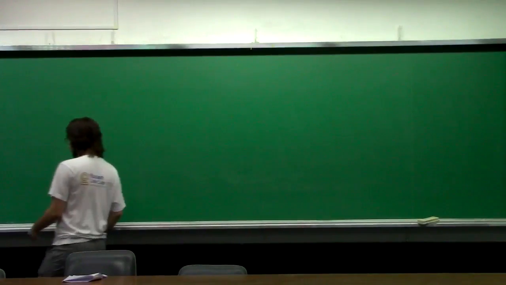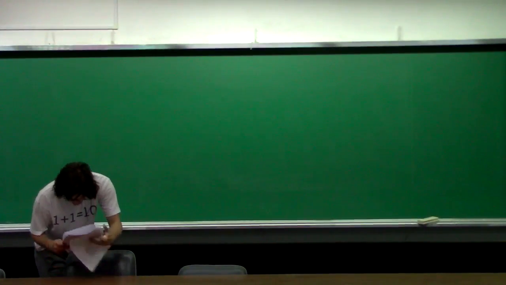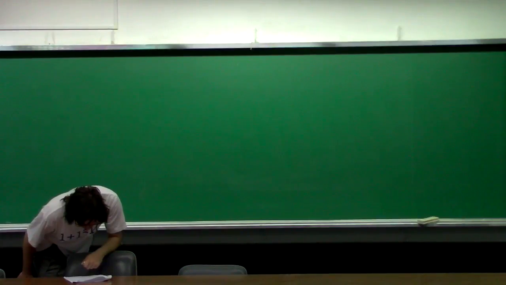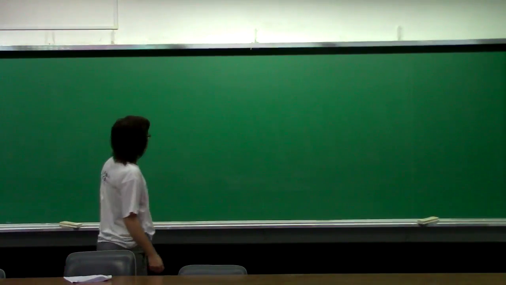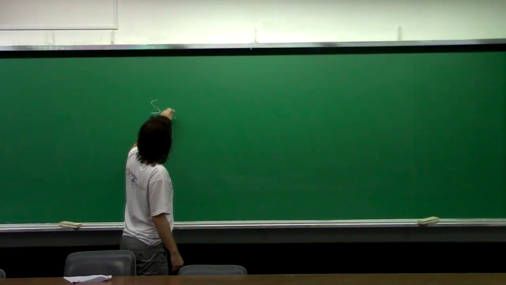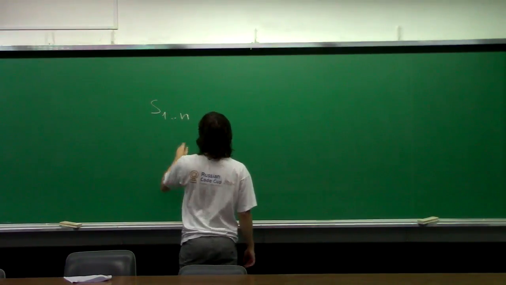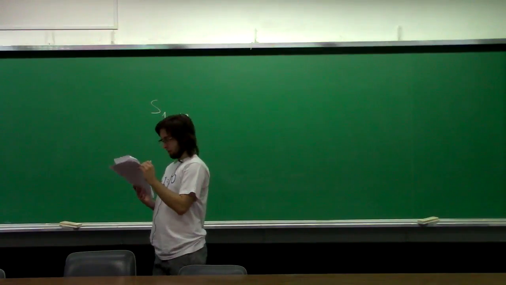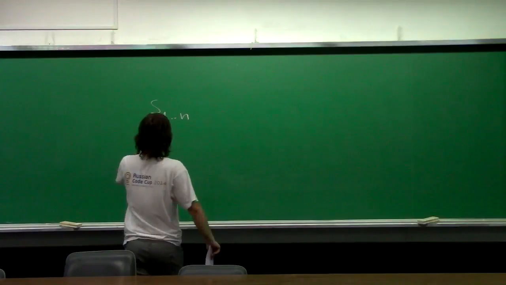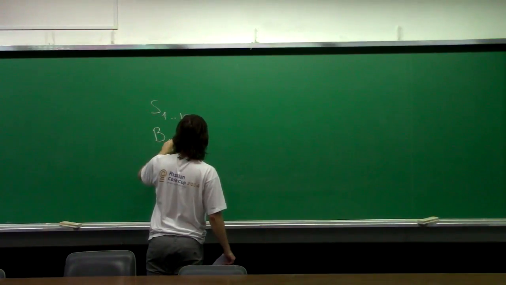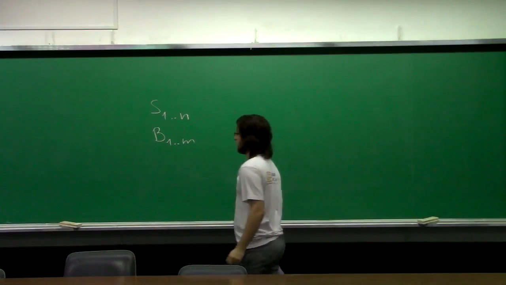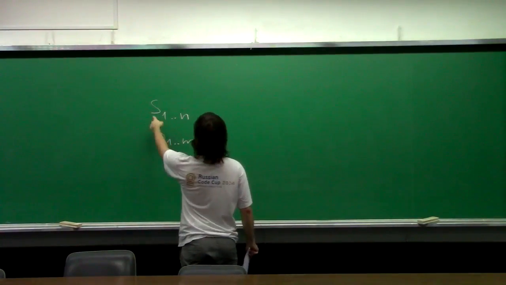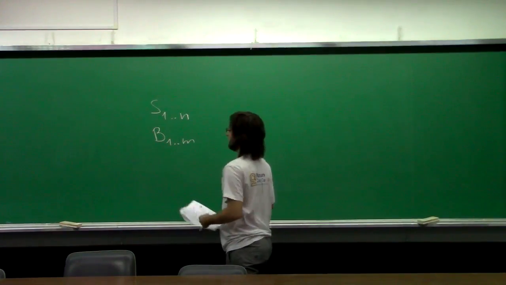So software bugs was about having some initial string S as 1 to n, and there is a bug string B, let's call it 1 to m, and what you want to do is repeat the following operation.